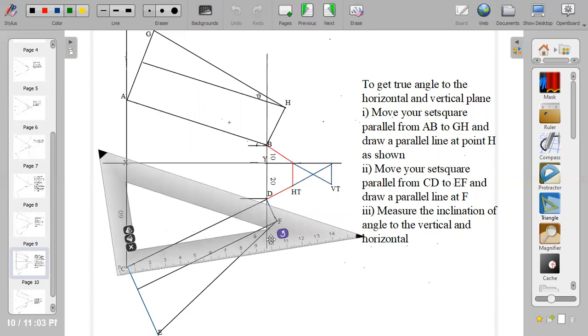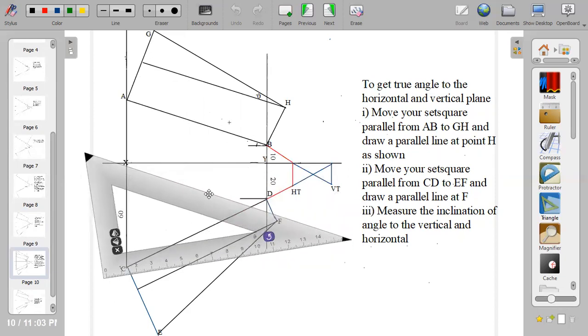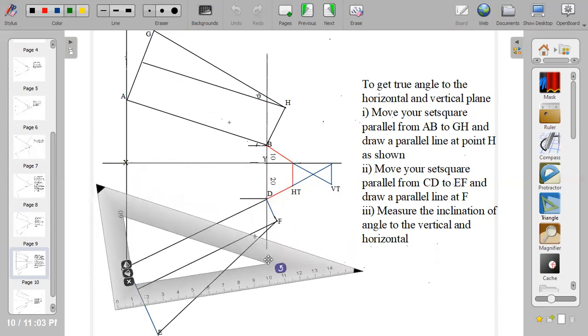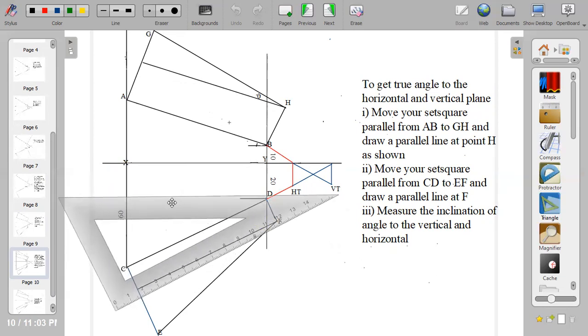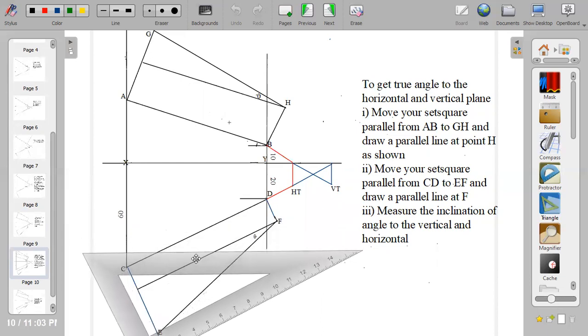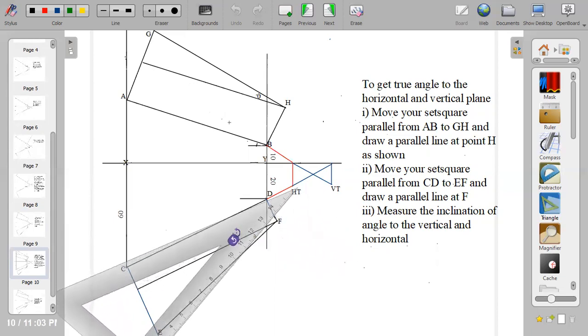I'll repeat this on line CD. So I'll bring my set square, I'll position it to get parallel line at C from CD. Position it this way.